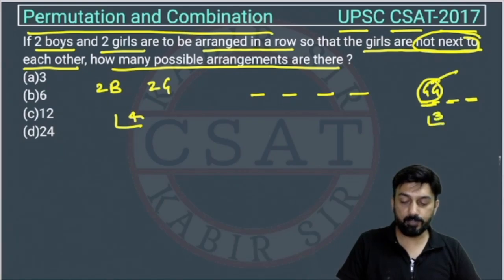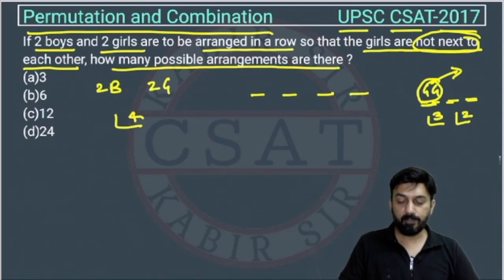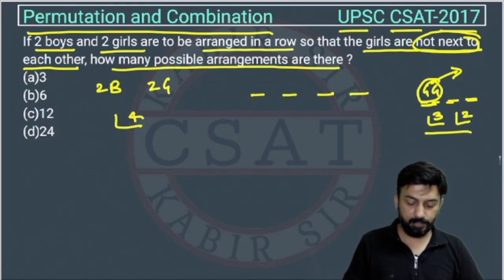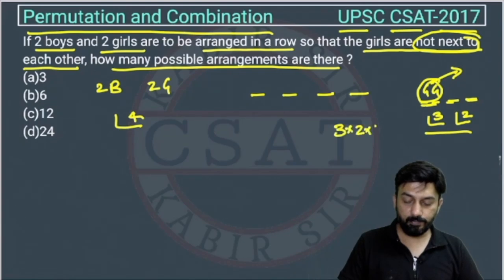So these 3 places can be arranged in factorial 3 ways, right? And these 2 girls can also be arranged in how many ways? Factorial 2, right? Because they can also change their seats, okay? So total number of ways will be this much. So now this will be 3 into 2 into 1, and this will be 2 into 1.